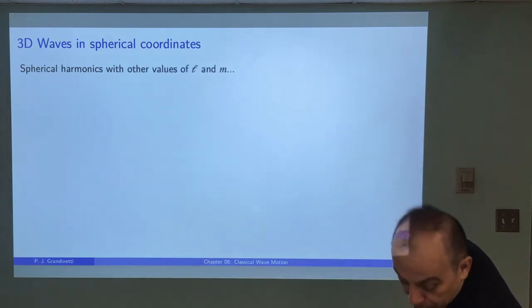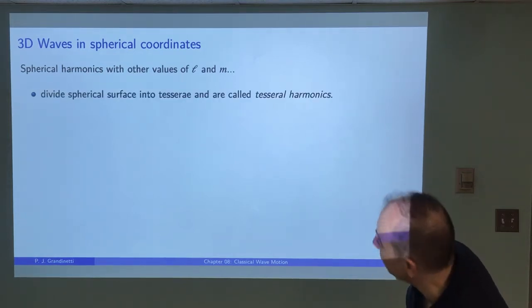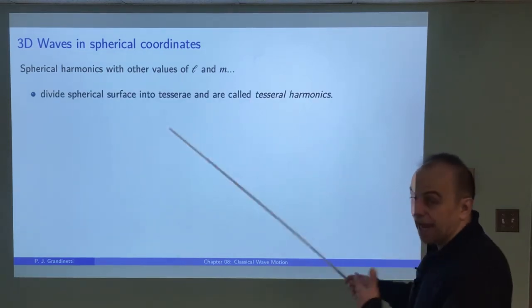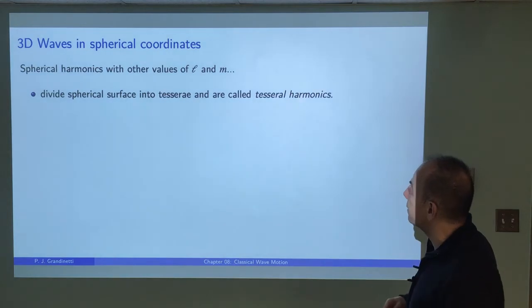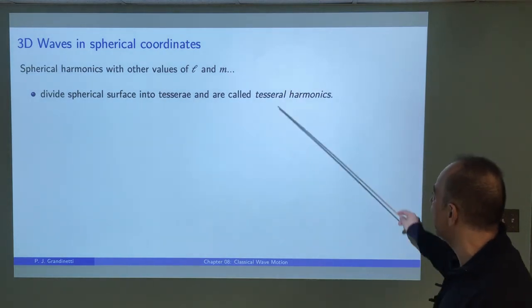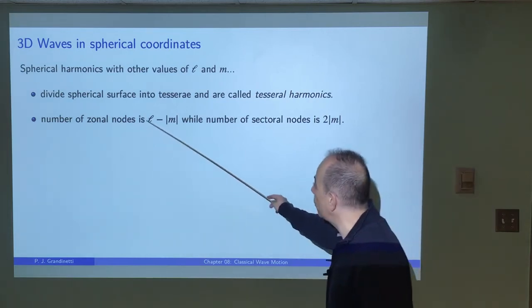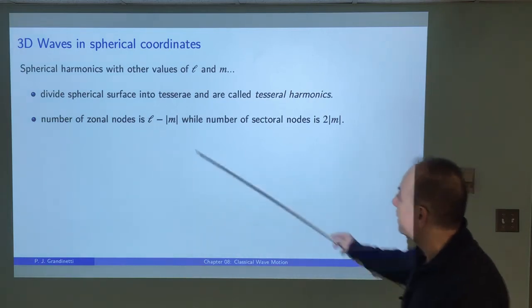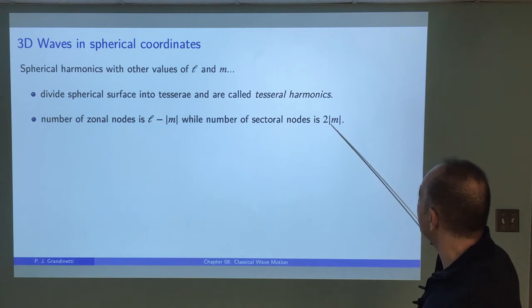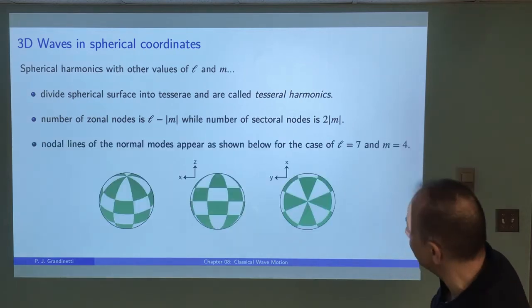Right. Now when you get to all other possible values of L and m, then what happens is we have a combination of those that divide the surface into what are called tesserae. And so these are what are called the tesseral harmonics. So the number of zonal nodes is L minus the absolute value of m, and the number of sectoral nodes is 2 times the absolute value of m.